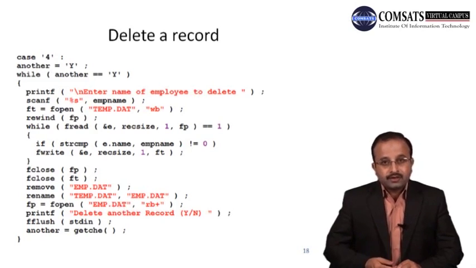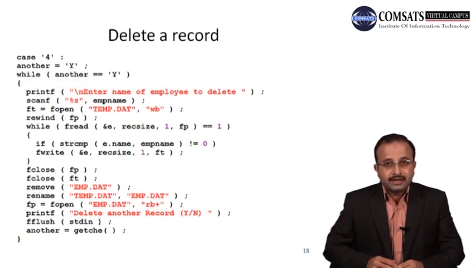So the file pointer points to the beginning of the file, and you have already created a temporary file. Then you start reading the first record and compare the name of that record. If the name is not the same as the name input by the user, you write that record in the temporary file, and you write all those records except the record whose name is the same as input by the user.